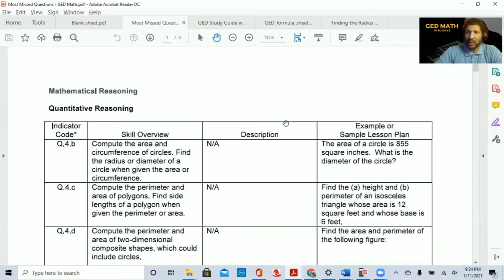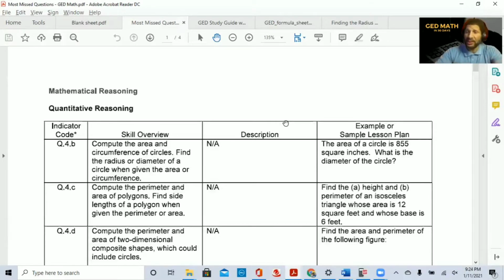What many test takers have issues with is that on the GED, they'll give you the area or the circumference, and then they'll ask you to find the radius, the diameter, or the area or circumference again. So if they give you the area, they might want to know the radius, the diameter, or the circumference.